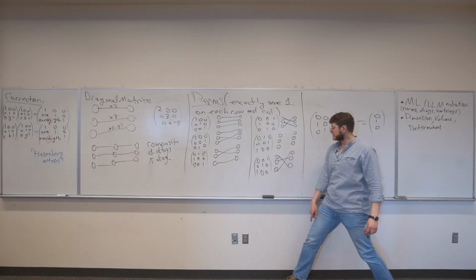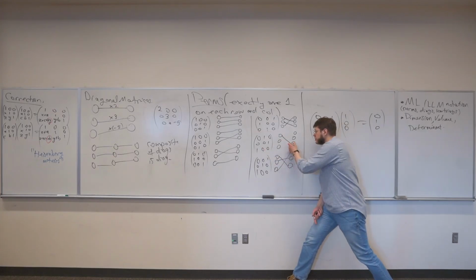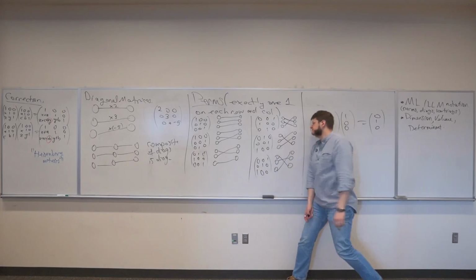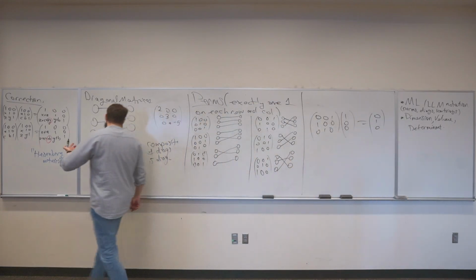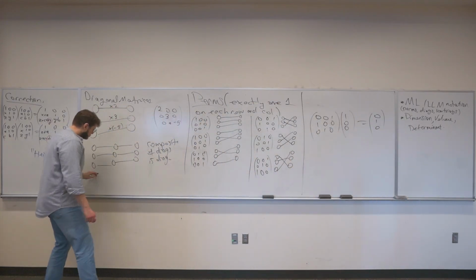And then there's this. First goes to the third, second goes to the first, third goes to the second. And in these diagrams we're always reading from left to right. Of course, you can do it the other way around too, but you want to read it this way.